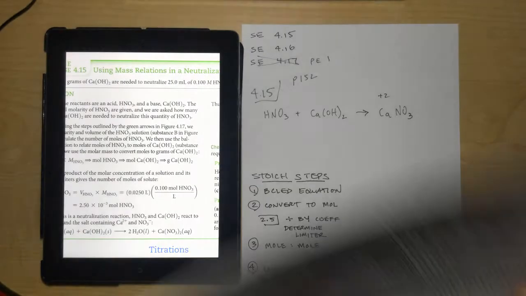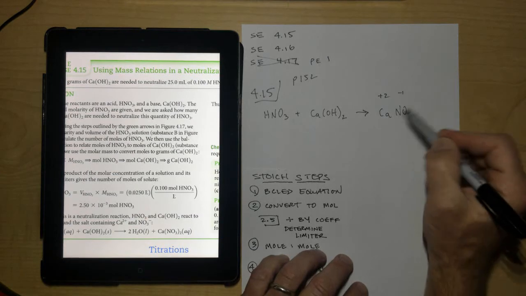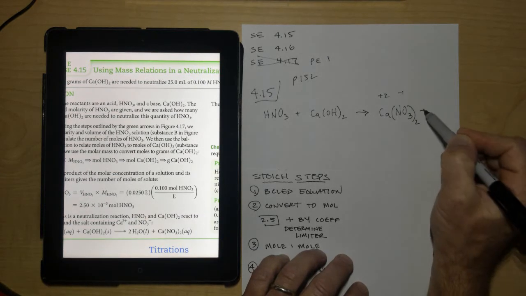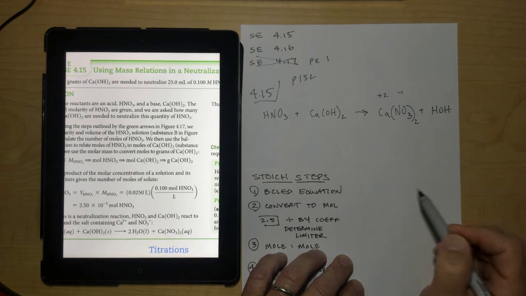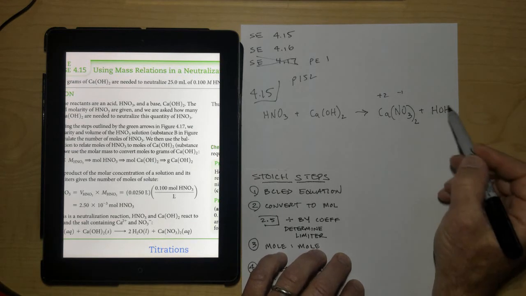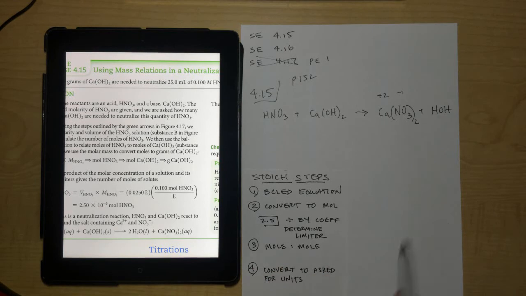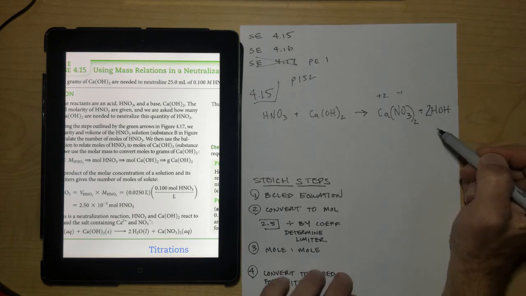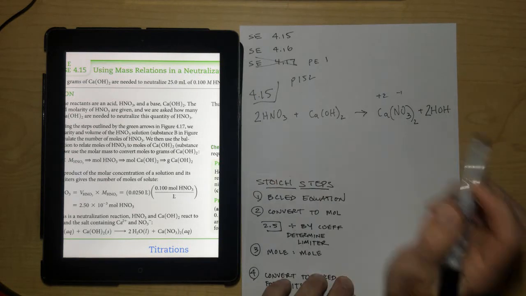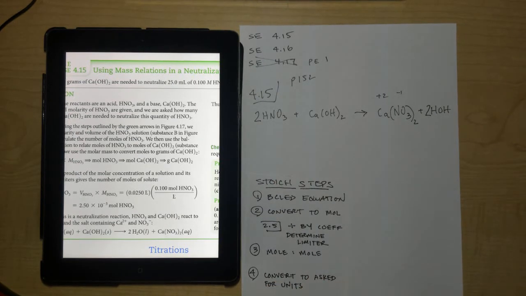Nitrate's -1, which you memorized, so make sure you have a 2 for that. And the H goes with OH, so I end with HOH, because hydrogen's +1, hydroxide's -1. All right, balance the equation. I need a 2 here and a 2 here, and then I think it's balanced. Step number 1 is done.